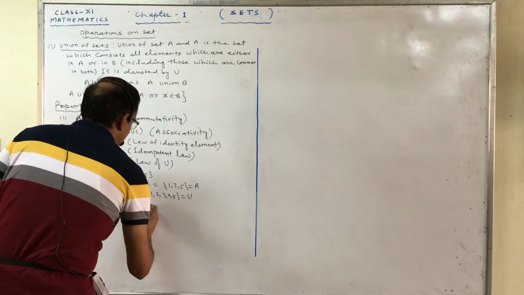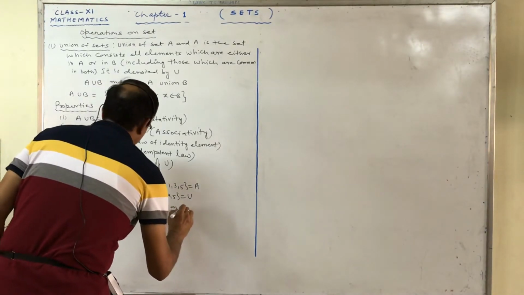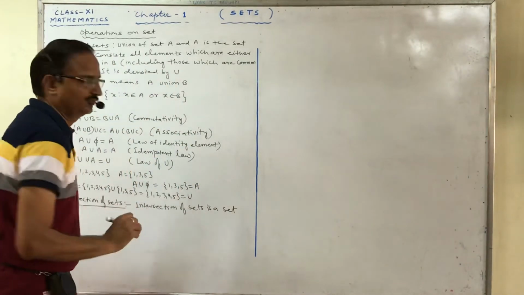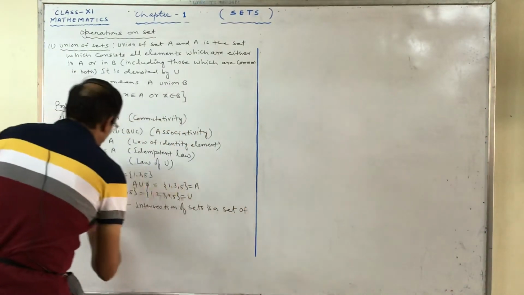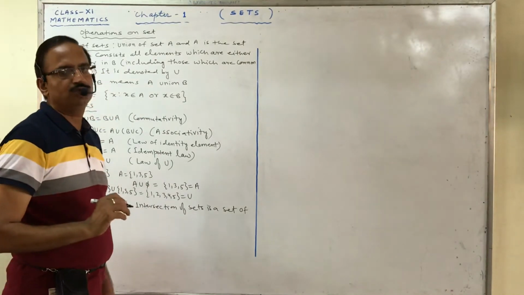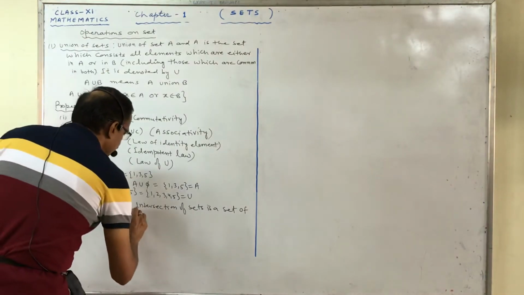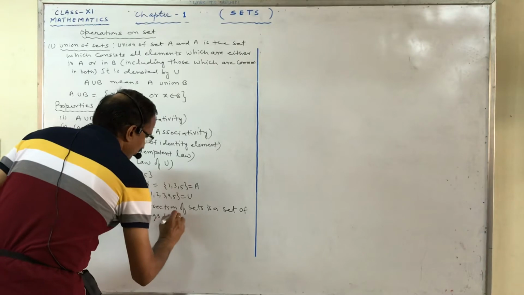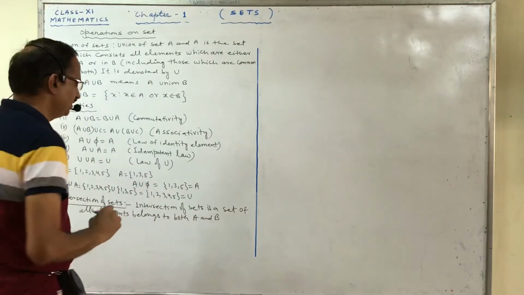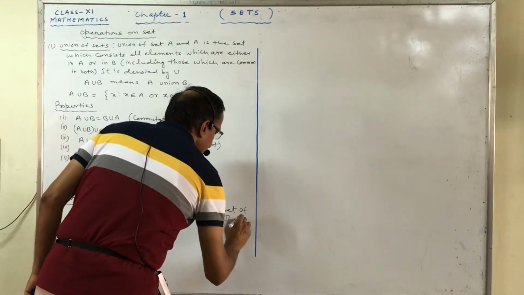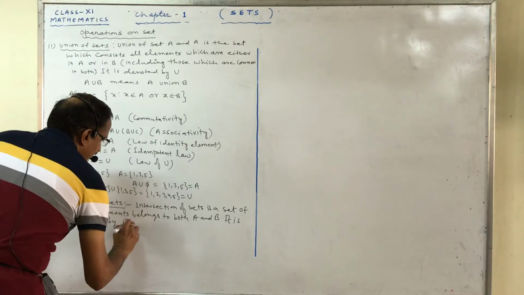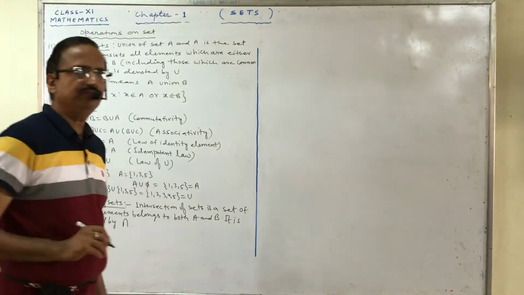We can say intersection of sets is a set of all elements belonging to both A and B. It is denoted by this symbol, the inverted symbol of union.